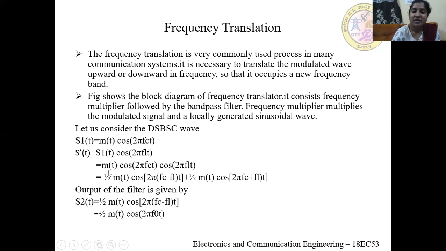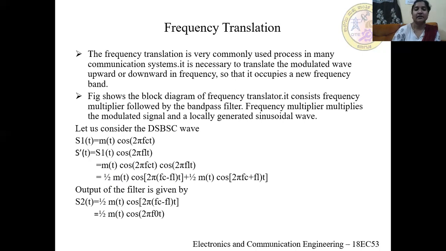We know S1 of t is m of t into cos 2 pi fc t, so it is cos A into cos B. You will get half m of t cos 2 pi (fc minus fl) t plus half m of t into cos 2 pi (fc plus fl) t.